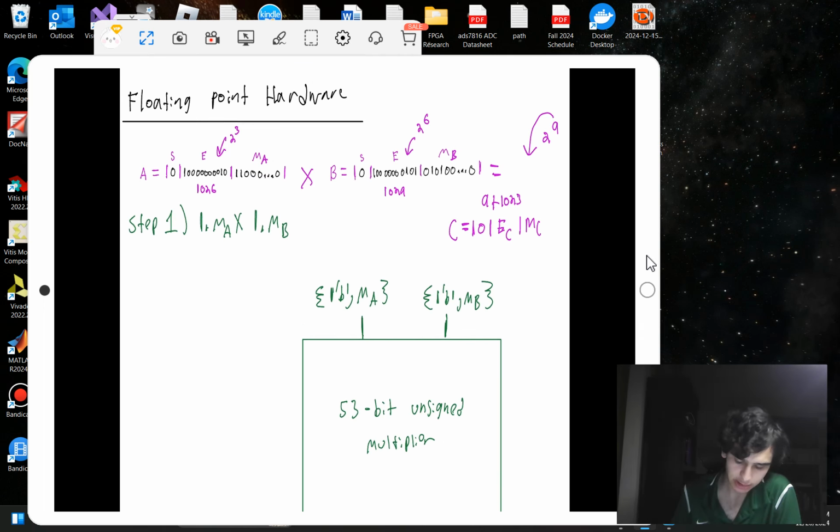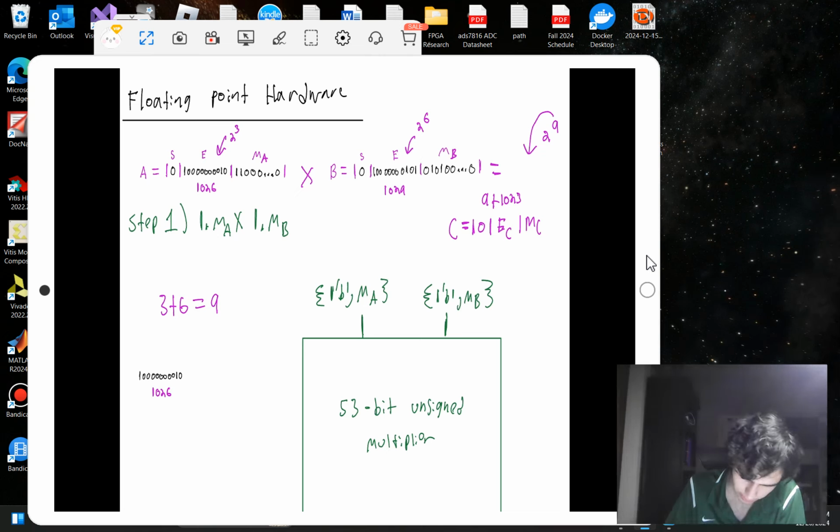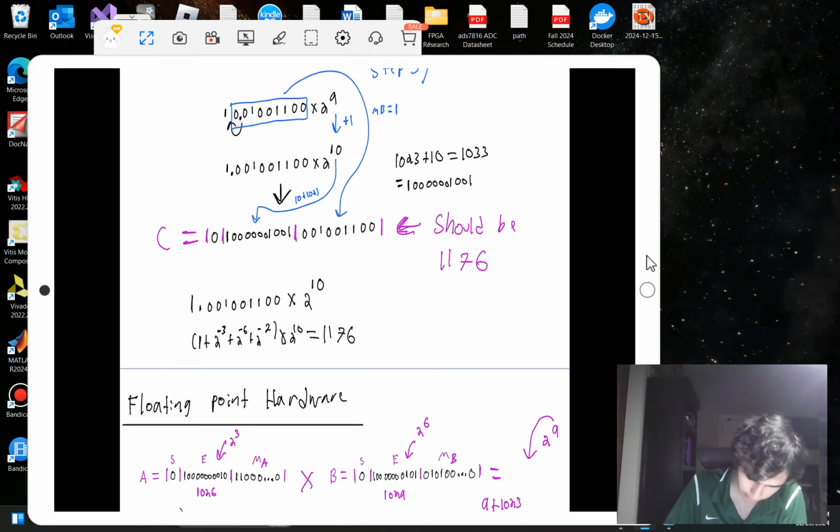As nice as it would be to just do that directly, we have to essentially do 3 plus 6 equals 9 using these two values. We need to take this value, and this value, and then determine from those two values 9, which was this.